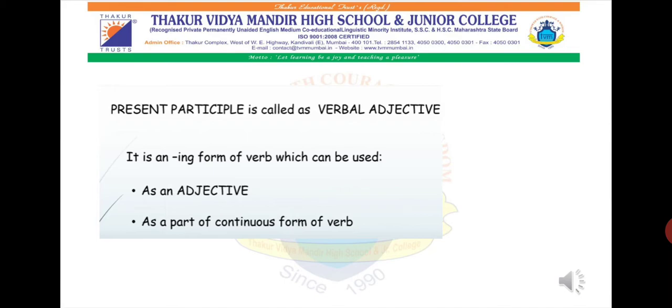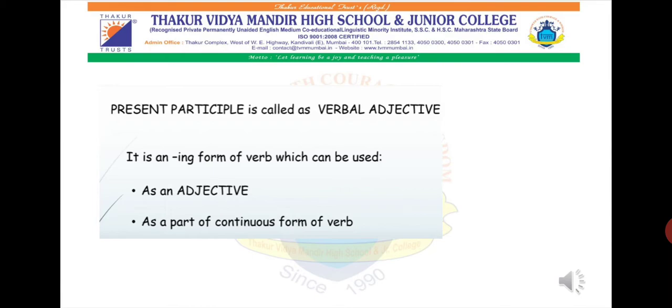Now, I can give you an example of a gerund where you will see that this is not working. Whereas in participle sentences, the verb will be in a continuous form.